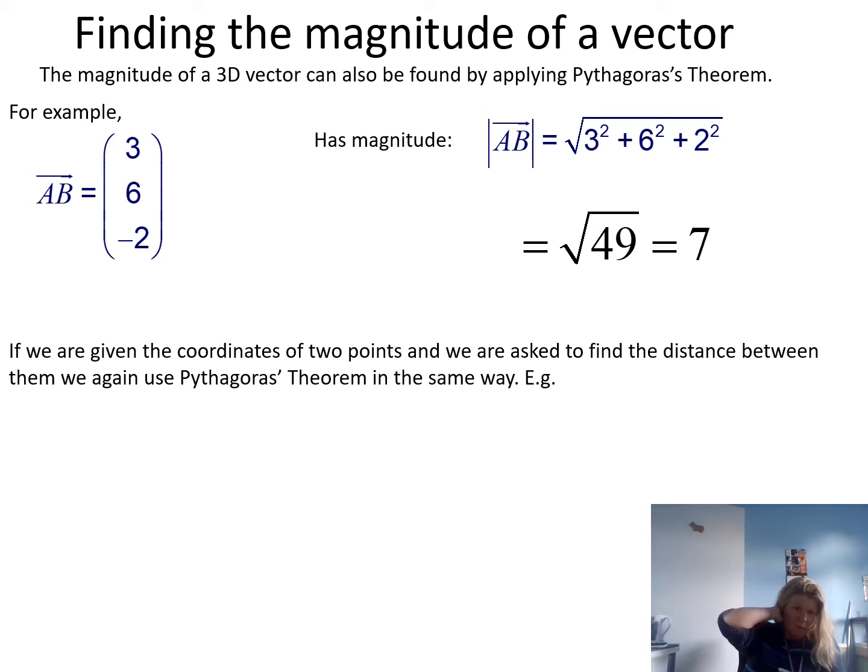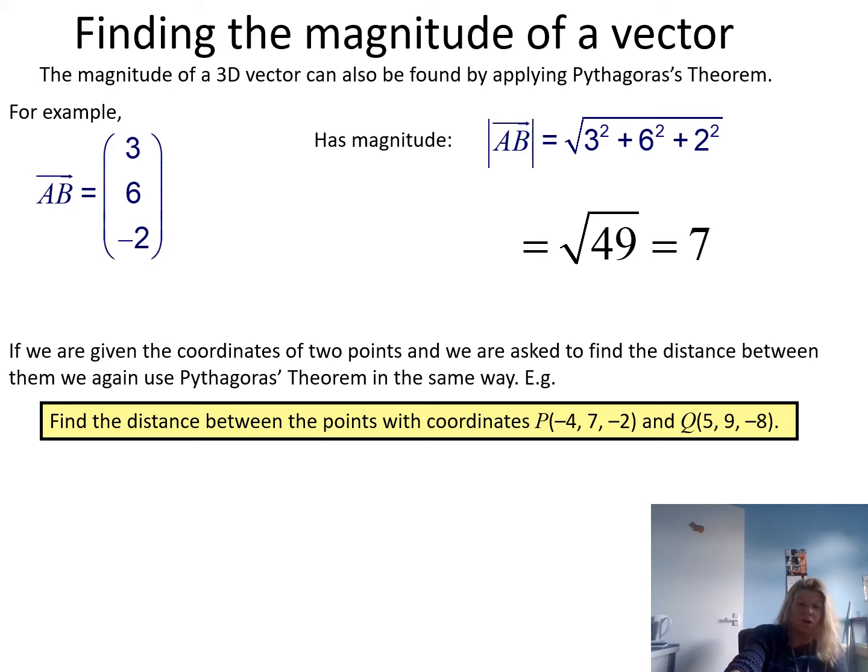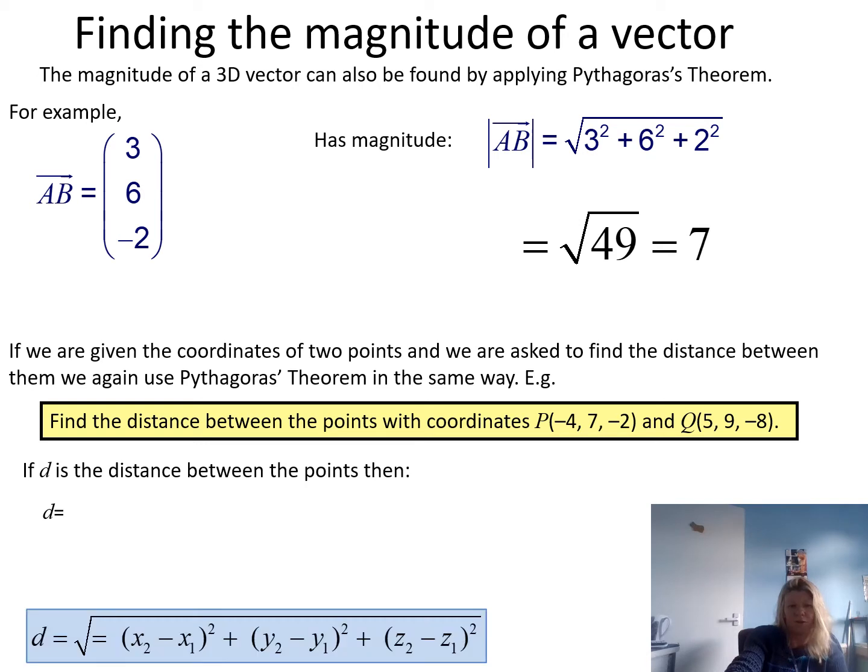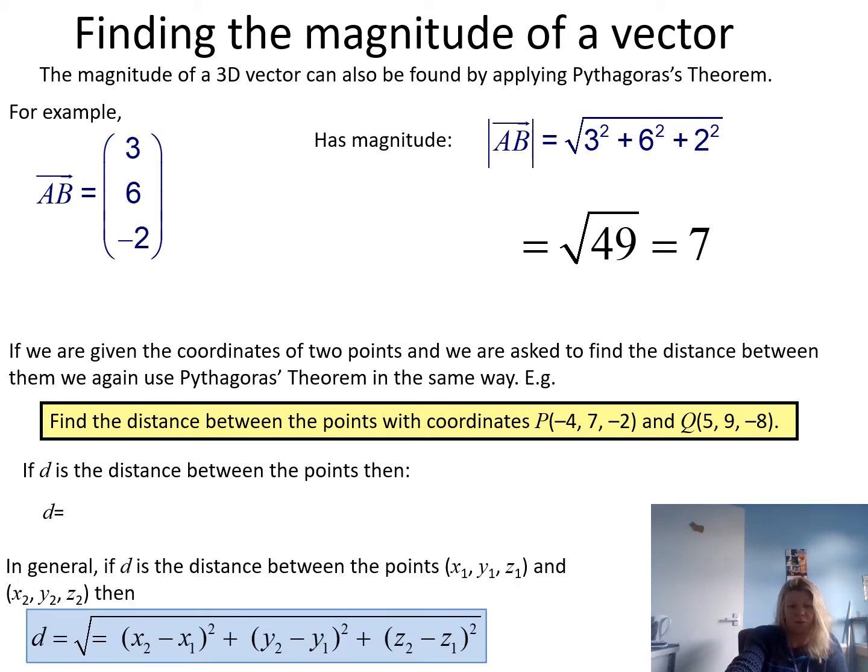Right. If we are given the coordinates of 2 points and we are asked to find the distance between them, again we can use Pythagoras in that same way. For example, find the distance between the 2 points using Pythagoras.